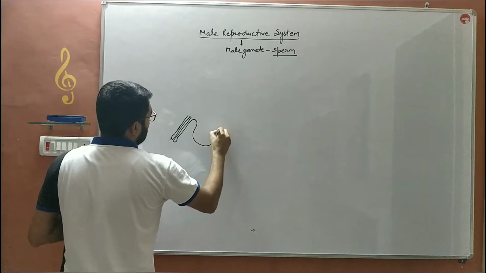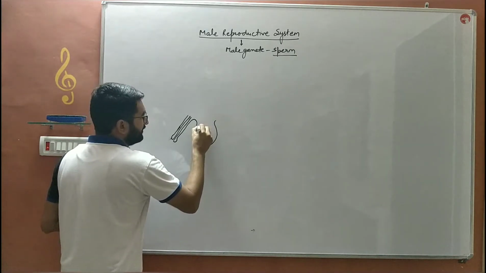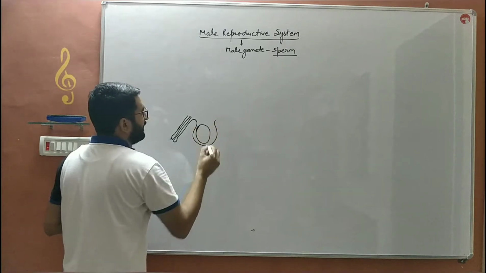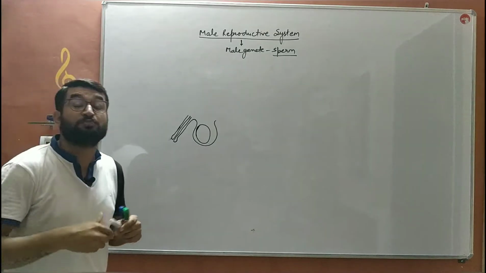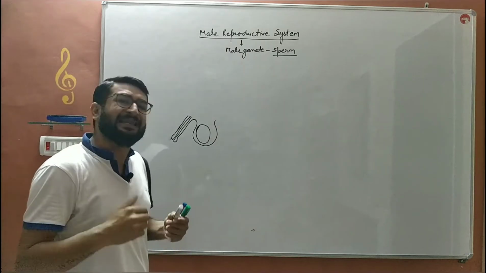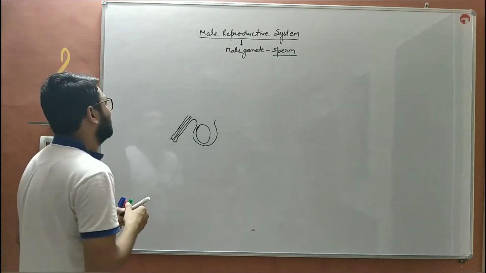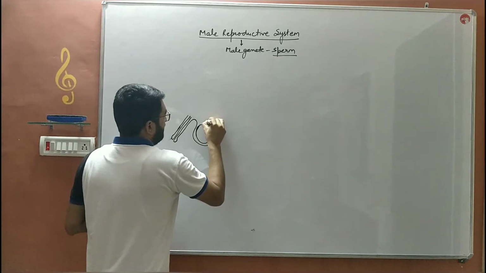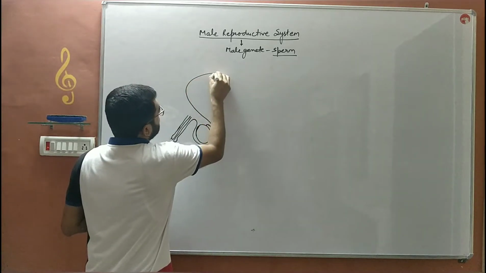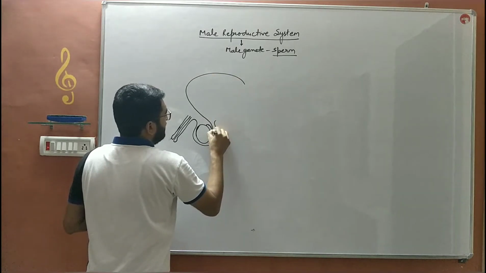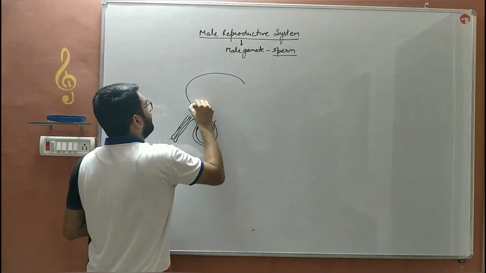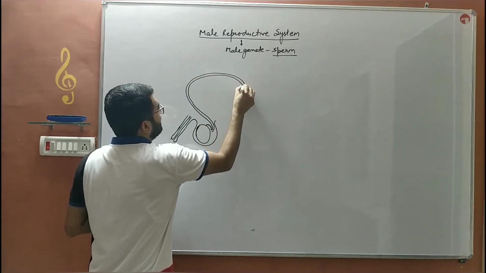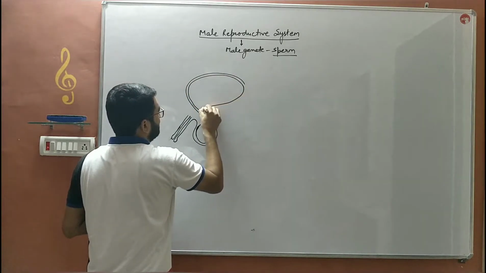There are various kinds of organs in the male reproductive system. The primary sex organs are the organs which produce the male gamete, that is sperm, and then there are the secondary or accessory sex organs. In the male reproductive system, there is a pair of spherical structures named testes.